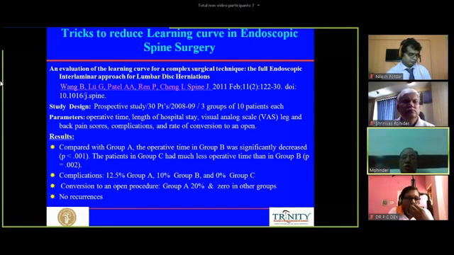So as you do more and more cases, your operative time reduces, complications reduce, and conversion to open procedure also reduces. As you cross around 30 cases, I think you are quite comfortable with the endoscopic system which you are using in your clinical practice.